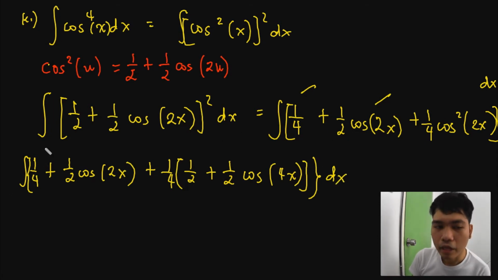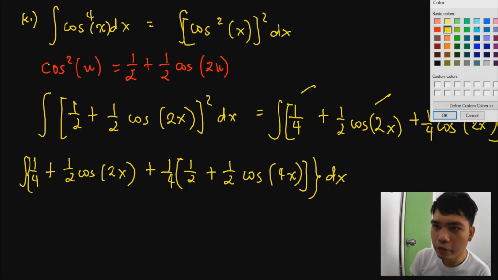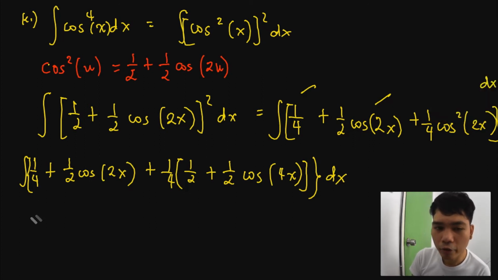Okay, now we proceed with integration. So the first term would be, gawin natin yung magandang blue, yung 1/4 magiging 1 over 4x. Hopefully, kita nyo, no? And for the next term, we have plus 1/2 and then this one is sine 2x.